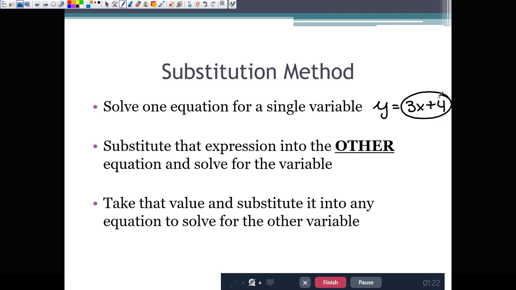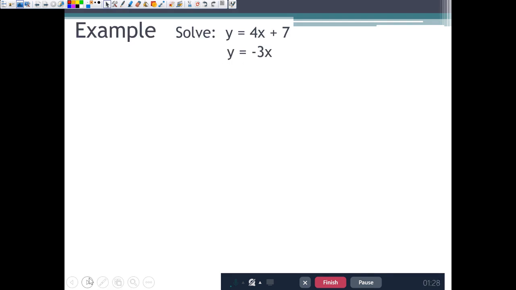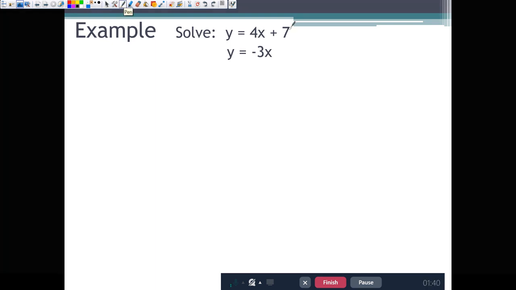I'll show you that now. Both of these equations are already solved for y, so I don't need to do my first step where it says to solve for a single variable, because they already are. It doesn't matter which expression, I'm going to take this first one here and substitute it in for y into my other equation.